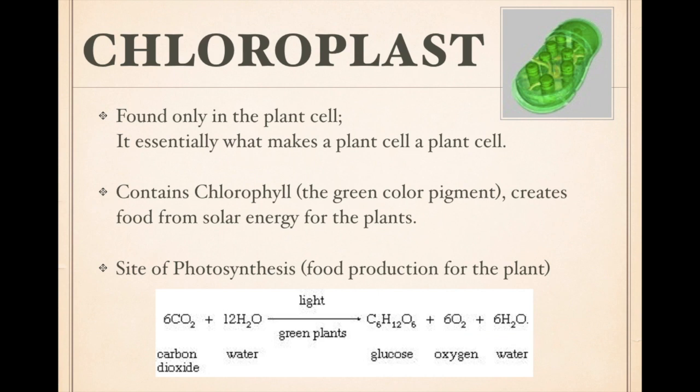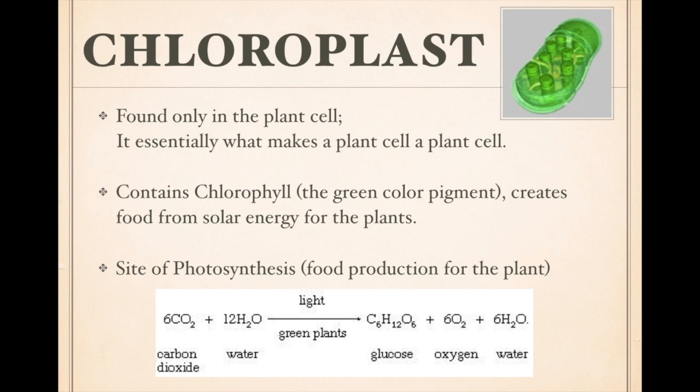Okay, chloroplasts. Chloroplasts are mainly only found in plant cells. Some protists have it as well. They are green because they contain a green color pigment called chlorophyll. And basically the purpose of the chloroplast is to take sunlight and to turn it into food.